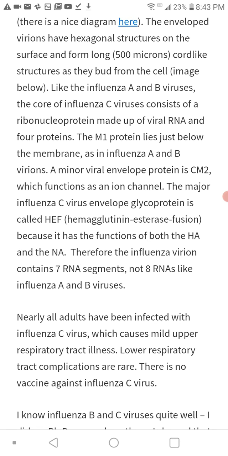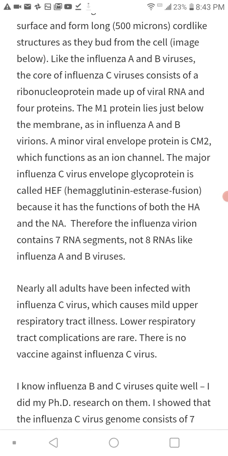It goes on to say nearly all adults have been infected with Influenza C viruses, which cause mild upper respiratory tract illnesses. And so what we found right now, I am stating that coronavirus is a descendant of Influenza C, and one of the major components of Influenza C is this glycoprotein, hemagglutinin-esterase fusion.